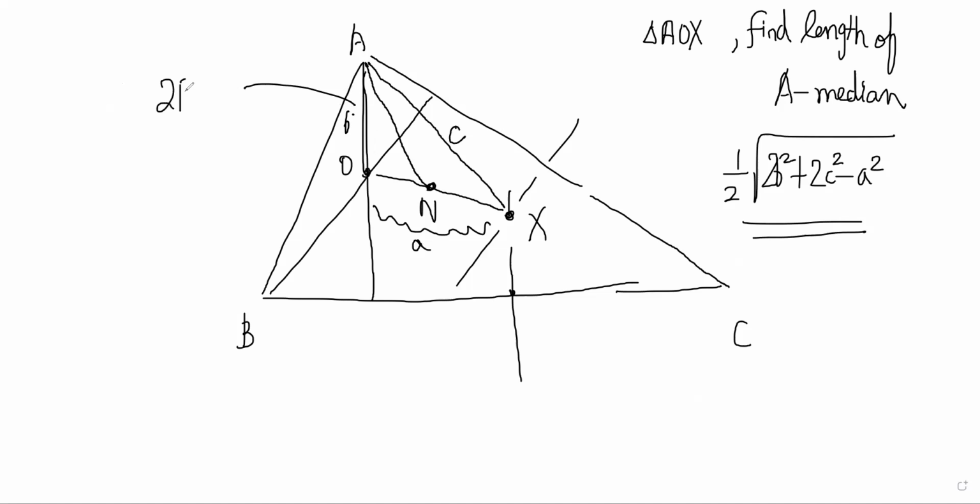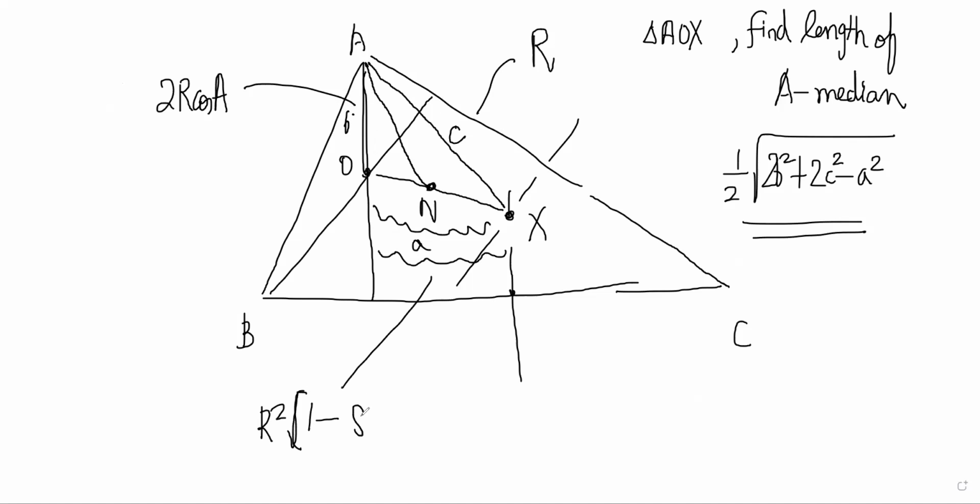B is 2R cos A, C is R. It's not very long. OA is known; it is R square root of 1 minus 8 cos A cos B cos C or something. This OC derivation was there in the book, no?